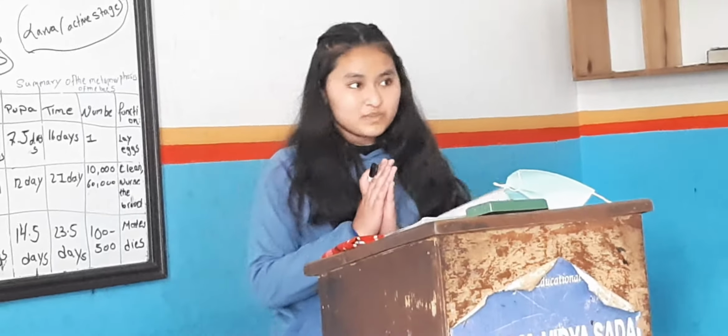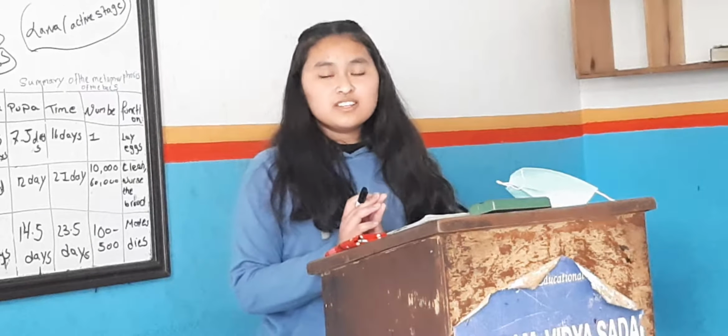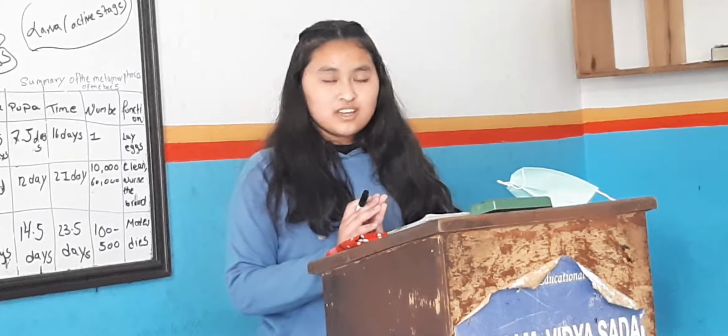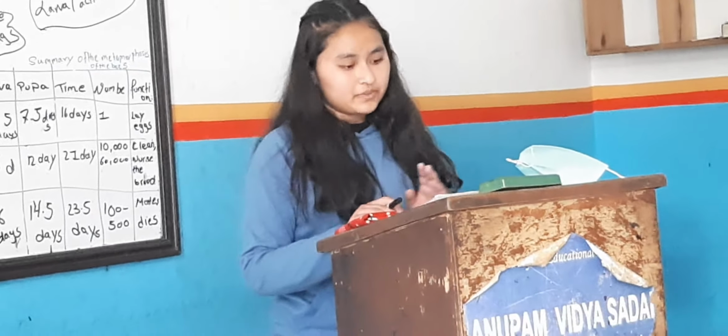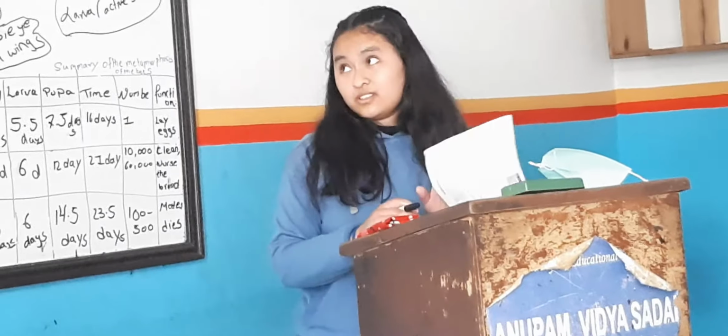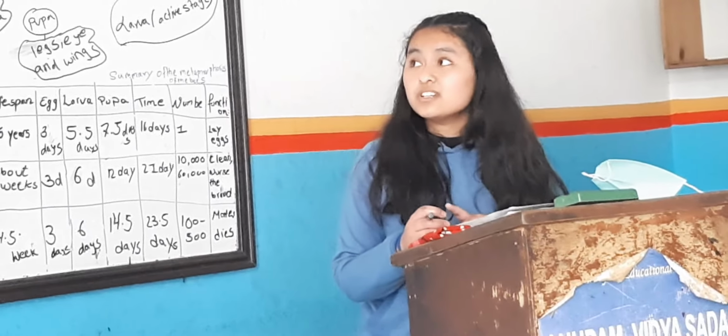Namaskar everyone, it's Ms. Sujina Shrestha from grade 10, studying in Anupam Vidyasadan, and I am here to give a presentation on the topic of invertebrates. First of all, I would like to give a short introduction on invertebrates.